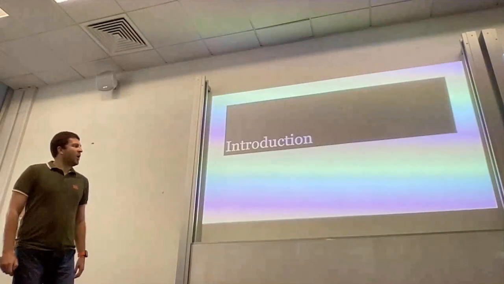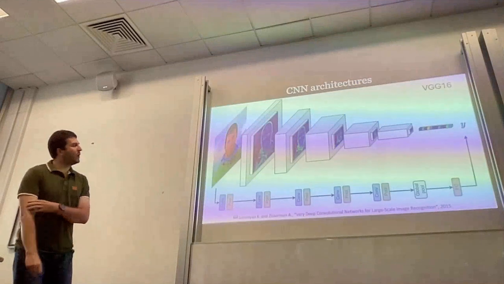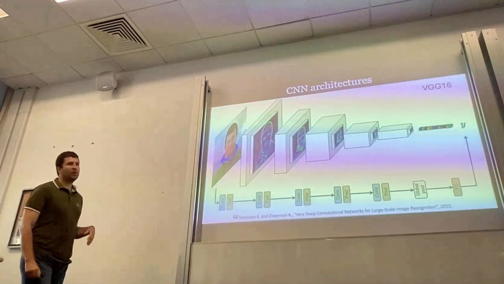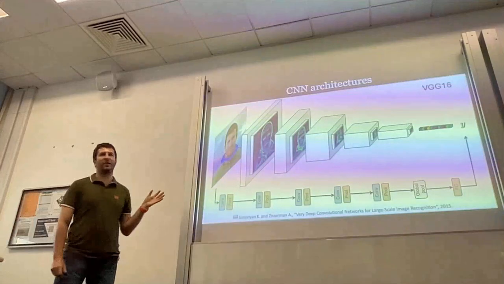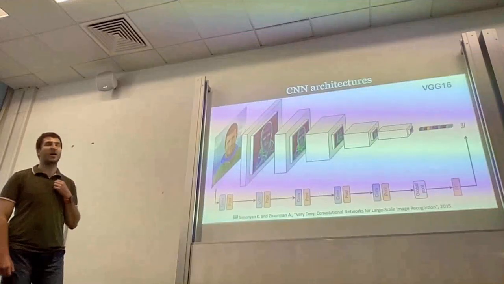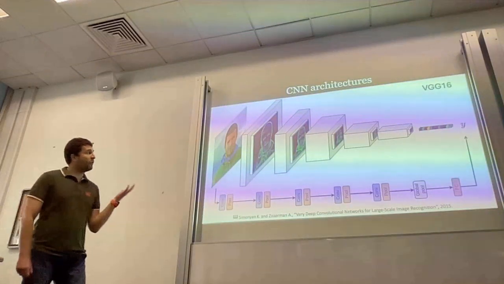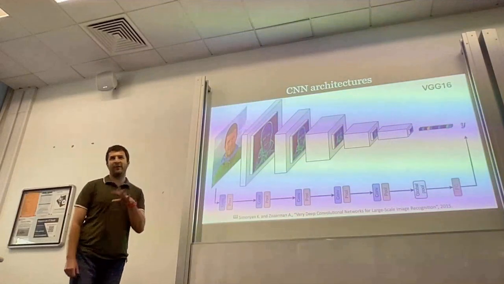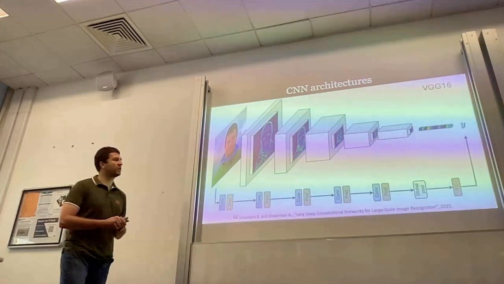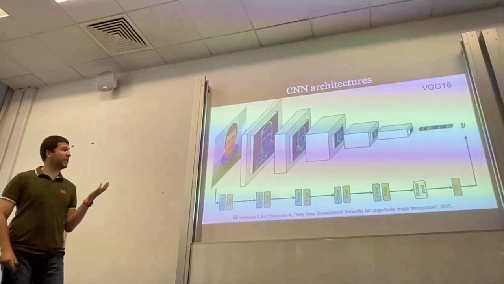To start talking about hierarchical pooling in general, I usually like to make an analogy with traditional deep learning architectures for computer vision. Here, for example, we have a very famous classic convolutional neural network for image classification, the VGG16.